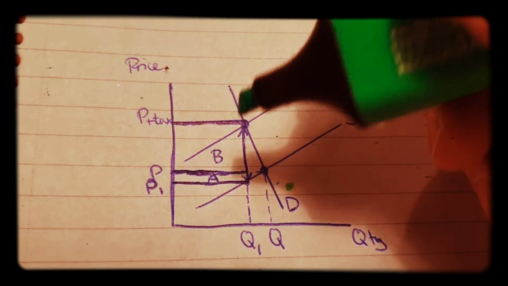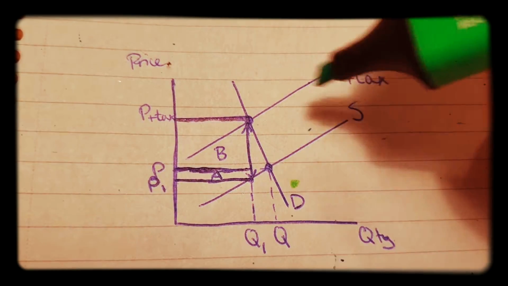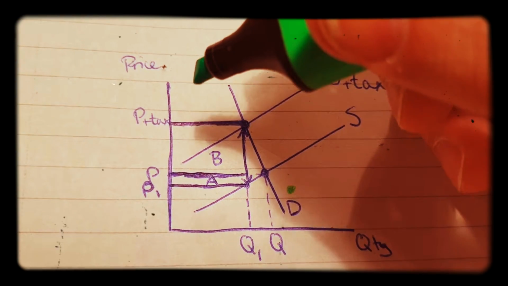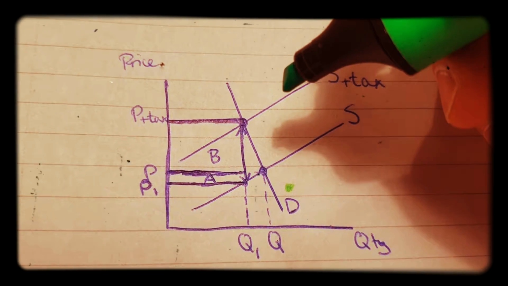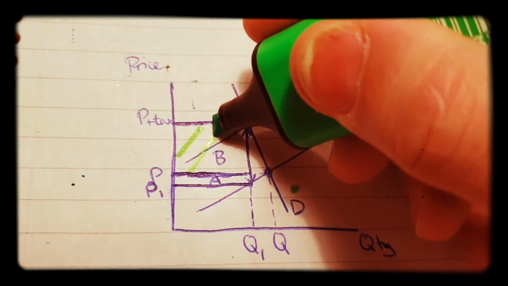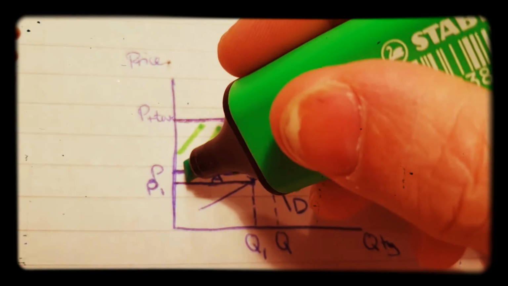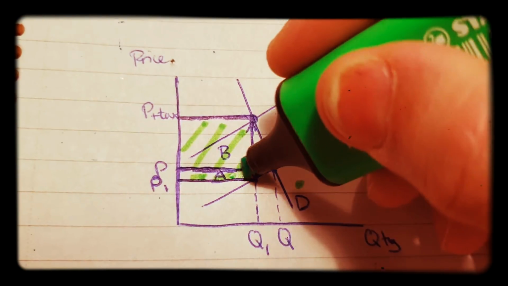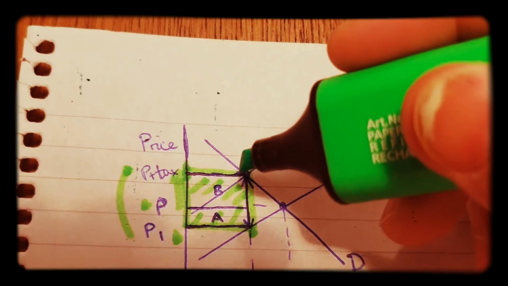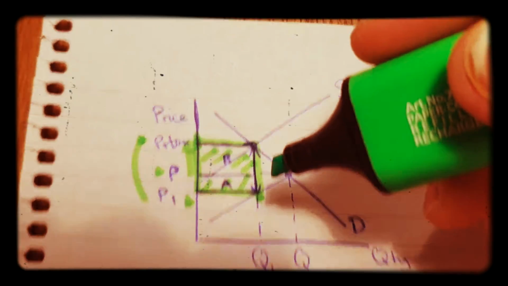We've applied a tax again in this model, so have a look at the difference between how much the consumer pays and how much the producer pays. The consumer pays all of this, box B, while the producer only pays a very small amount, box A. Whereas up here, the consumer was still paying quite a lot, but the producer was paying more towards it.